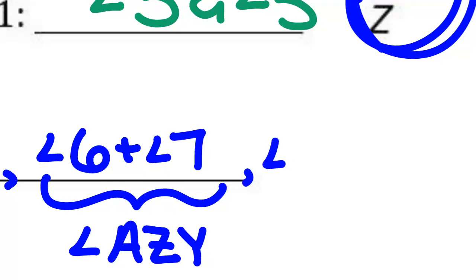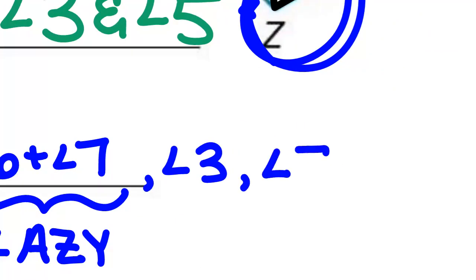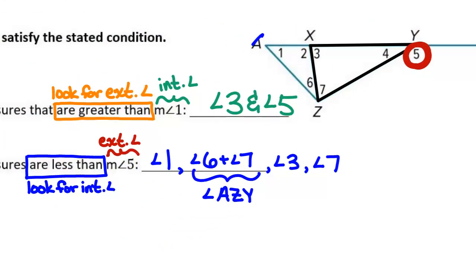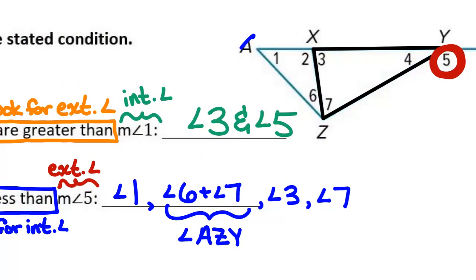So it's also bigger than angle 3. It's bigger than angle 7. So I could have given those two answers and gotten this completely correct. I didn't have to give the first two. I could have just given these two. Quick question though. If angle 5 is bigger than angle 7, and angle 5 is bigger than angles 6 and 7 put together, what else would have to be true?